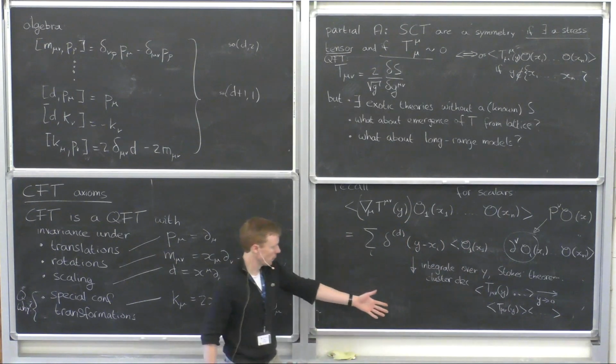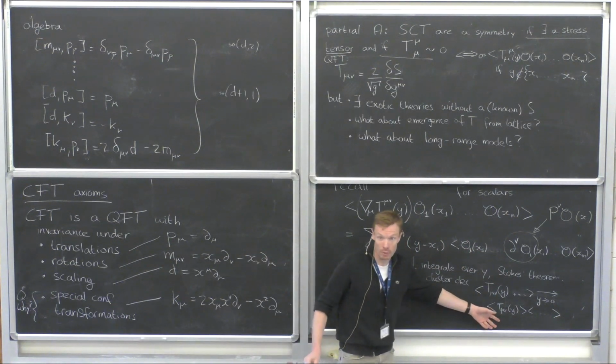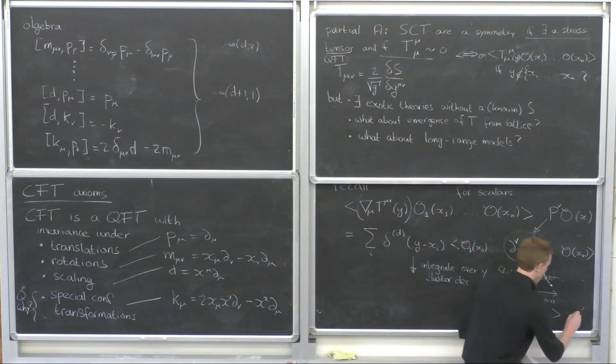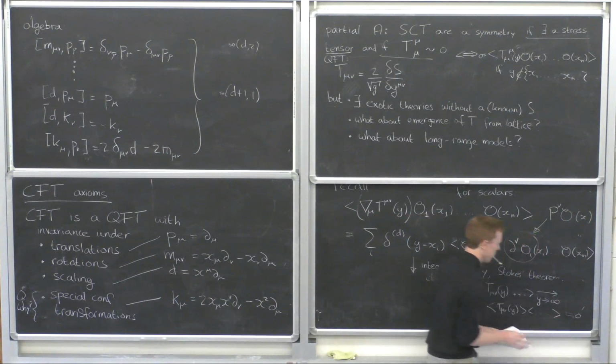But the one-point function of a tensor, by rotational symmetry and translational symmetry, should just be 0. So this is 0. This is as y goes to infinity.